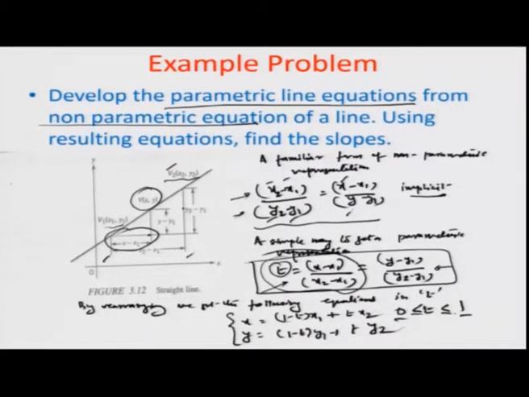For example, if I would have put the value of t equal to 1, I would get x equal to x2 and y equal to y2, and similarly at t equal to 0, I would get x equal to x1 and y equal to y1, which are the upper and the lower limits of the particular line, which means that in this particular parametric representation, you are representing the whole domain of the line.